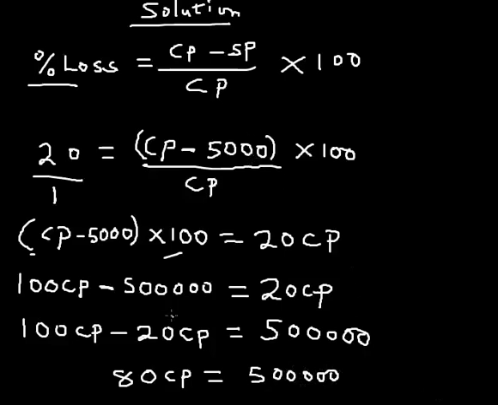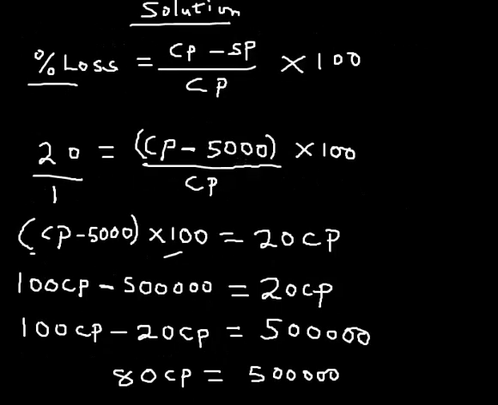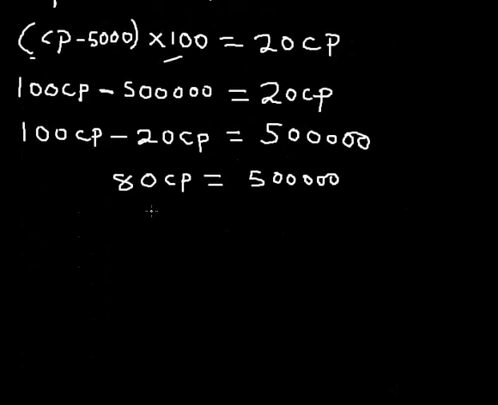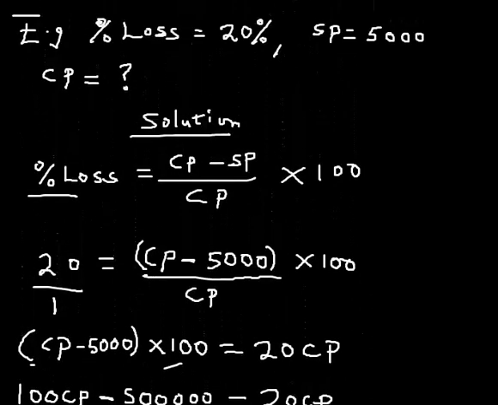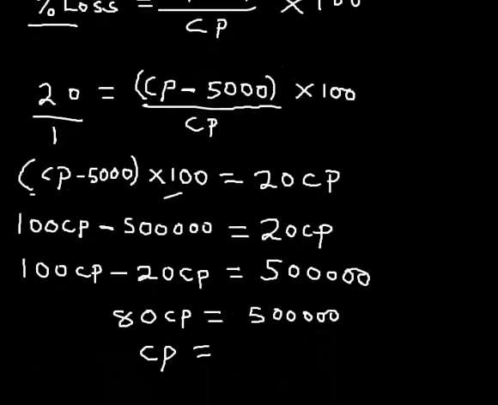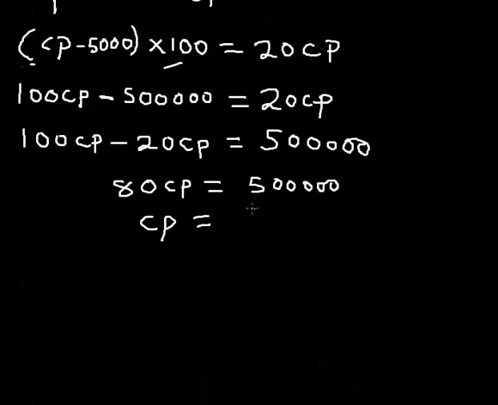Is it really 500,000? Yes, 500,000. So my CP now is going to be equal to 500,000 divided by 80.